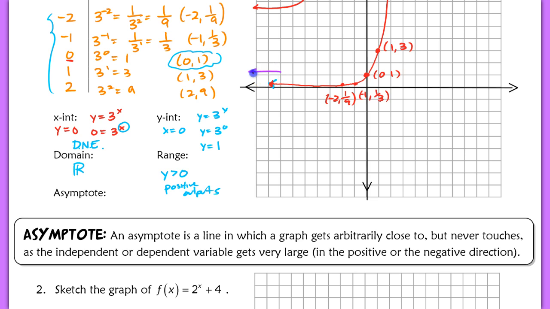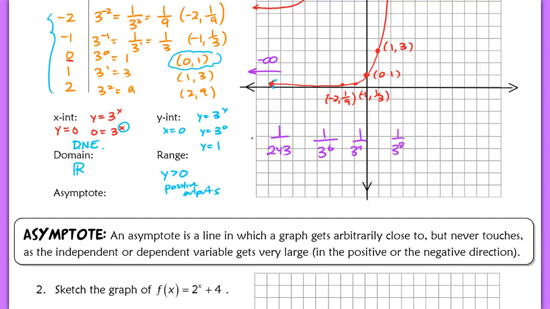As it continues to negative infinity, this value doesn't ever equal 0. It gets really, really close to 0 because if I continue to divide, like 1 over 243, and then 1 over 3 to the 6th, 1 over 3 to the 7th, and 1 over 3 to the 8th, they keep getting smaller and smaller. These decimals get smaller, but they never actually become 0.